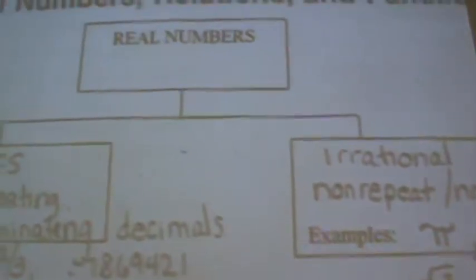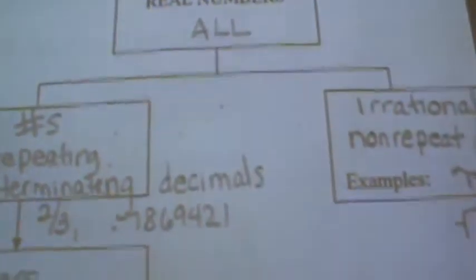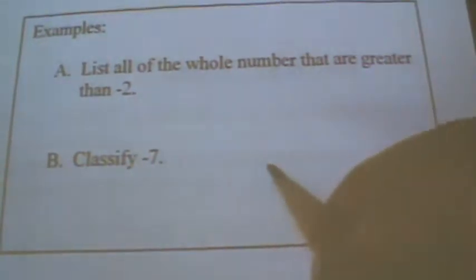Now, what are all of these numbers? These are all real. All numbers are real. It's a combination of all of these. So let's do some examples. Can you list all of the whole numbers that are greater than 2?